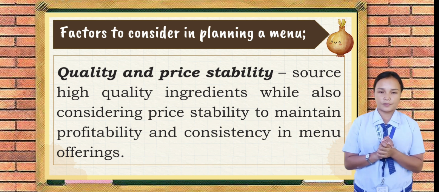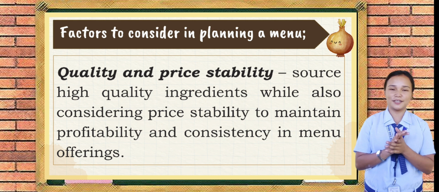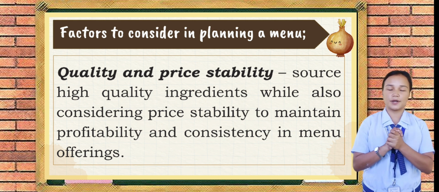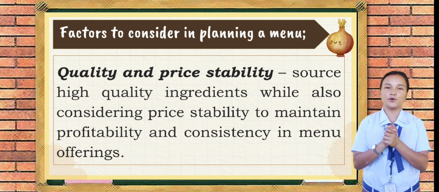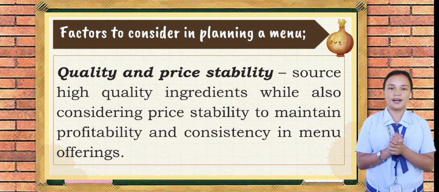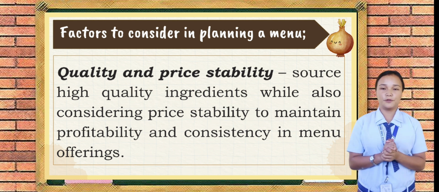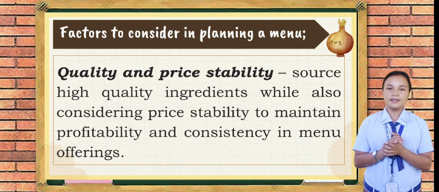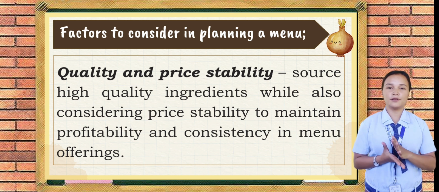So naay possibility nga dako jud ang imong ginansya, kinahanglan pod stable ang price sa imong product. Kay if ever dili stable, like for example daghang giganahan sa akong product, so mahunahuna ka nga okay, i-taas nato kay para dako og profit. So dili siya pwede, no, kay kinahanglan jud stable ang price sa imong product kay para magbalik-balik jud ang tao, ma-maintain ang profit, ang consistency pod sa imong menu nga dili siya magbago-bago.